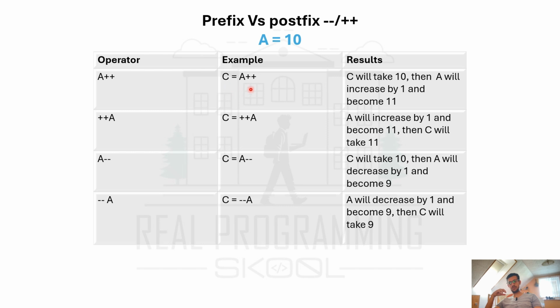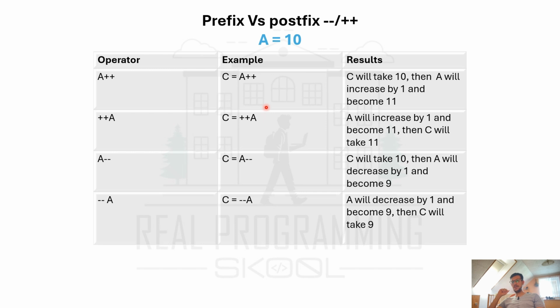So c will first take 10, and after that the compiler will increase the value of variable a by 1 and make it 11. Why? Because we put the increment operator after the variable a. So the compiler first assigns the old value of variable a, which is 10, to variable c, and after that the compiler increases the value of variable a by 1.